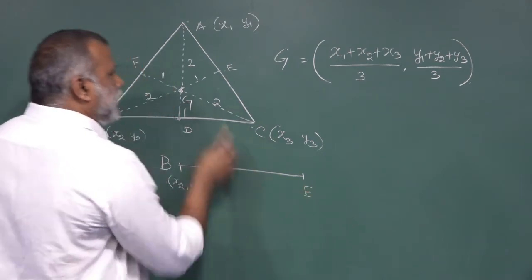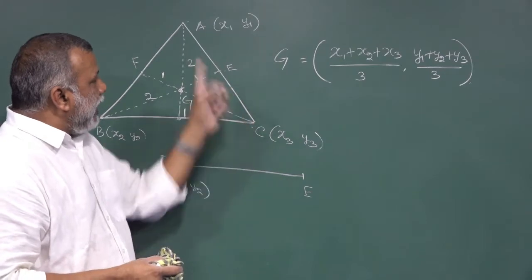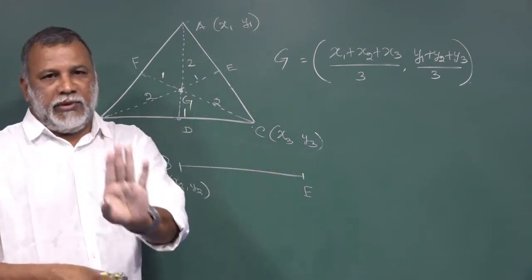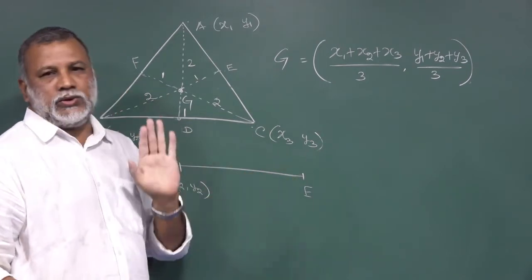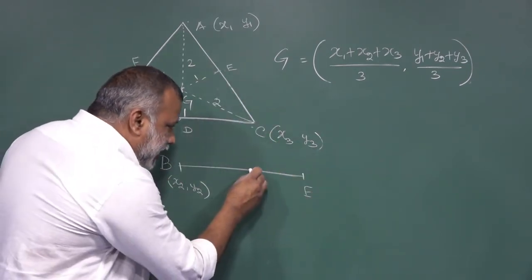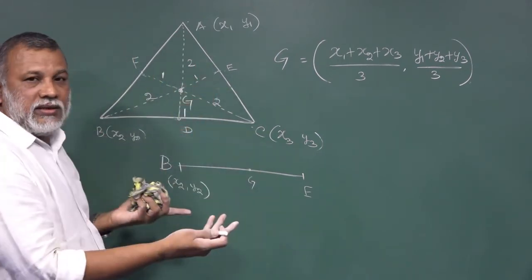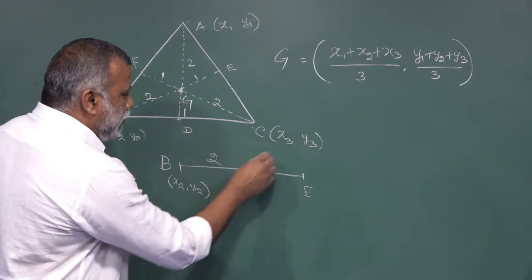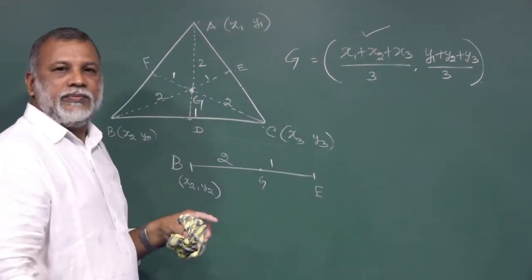E is, what is the meaning of E here? Once again, it is the midpoint of A and C. So you need to find the midpoint. What is the formula? Just x1 plus x3 by 2, y1 plus y3 by 2. After that, take G here. Once again, G divides in the 2:1 ratio. Then you can work out the result. We can get the same one.